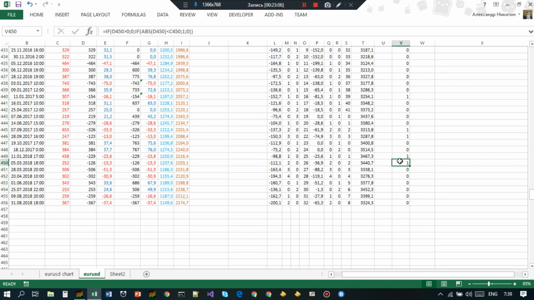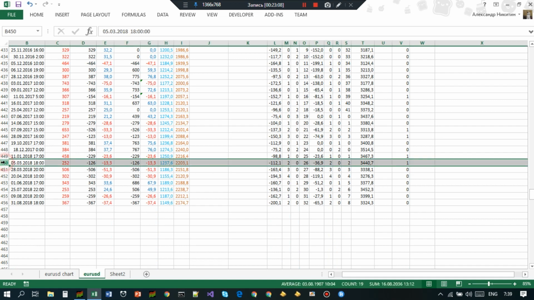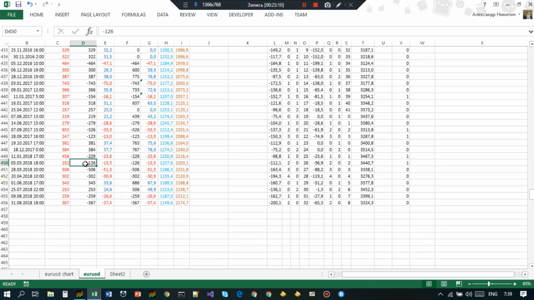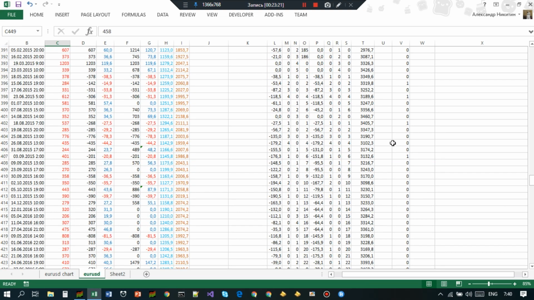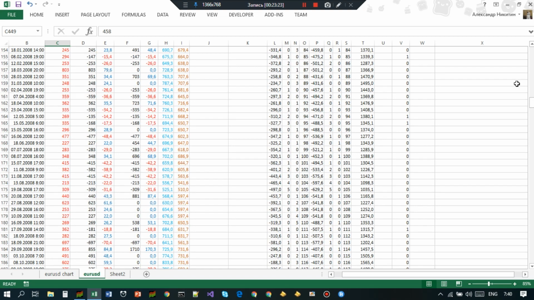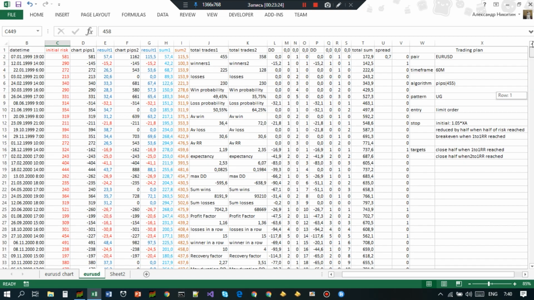Okay, we have 1 here, so let us go here and see minus 12.6, and total risk was 25, so it works okay. If we check it here, minus 22.9, and total risk was 45. Okay, so it only calculates how many times we cut our risk.